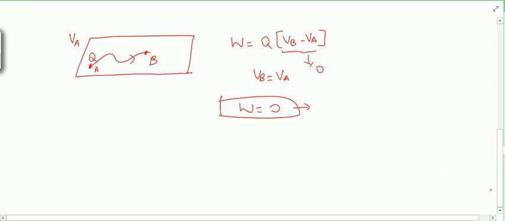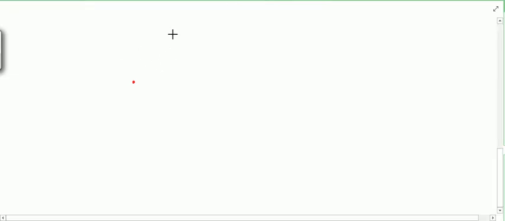Now we will see what the equipotential surface will be for a point charge. I have just now told you what the equipotential surface will be. Due to a point charge, the electric potential is q by 4 pi epsilon naught r, so the only thing remaining is r.